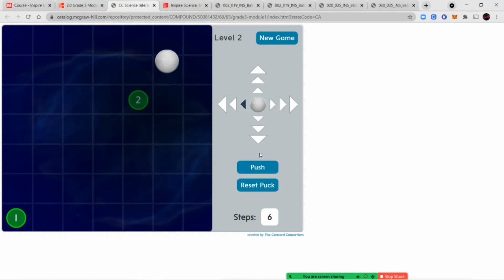So let's keep trying. We want to make sure we get it over to number 2. And then we're going to try and stop it at that target. So let's see if we can get it to stop.